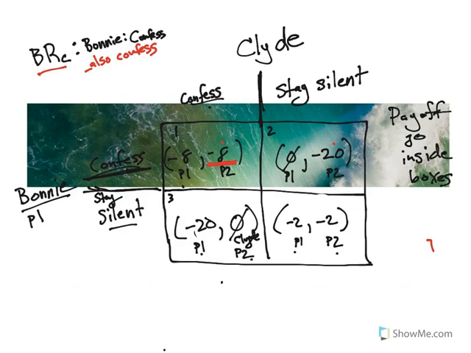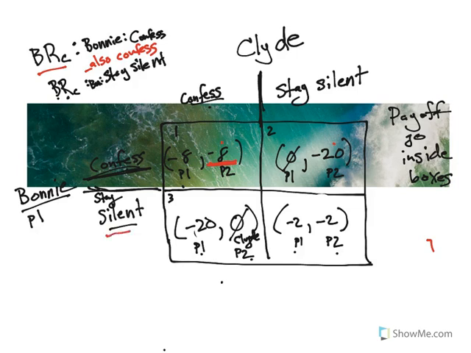Now, what if he knew without a shadow of a doubt that Bonnie was going to stay silent? So what is Clyde's best response to Bonnie choosing stay silent? Let's take a look. We're going to do the same thing. We're going to underline the payoff he gets from choosing his best response.